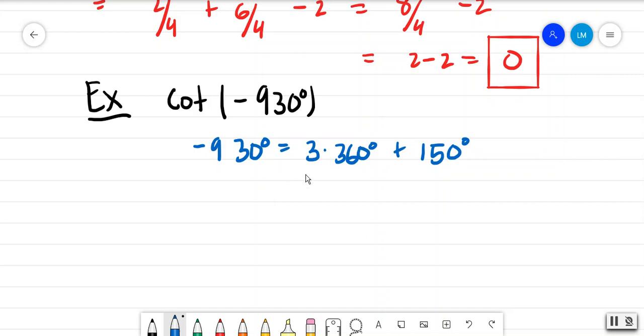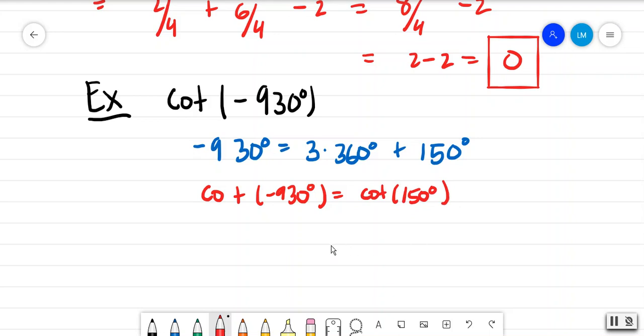So the coterminal angle is 150. So let's just do this algebraically: cotangent of negative 930 is equal to cotangent of 150. Now, so far, we haven't really done anything.